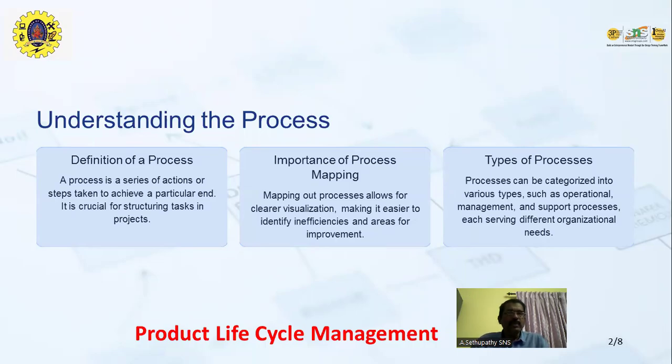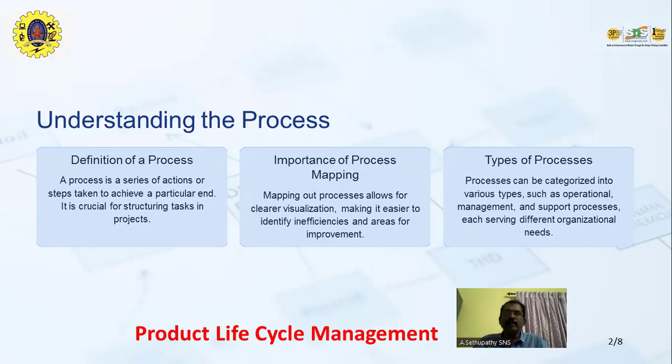So the process is mapped with the product manufacturing system. The process is a series of actions, as I already told. And this series of actions is mapped for clear visualization, making it easier to identify the inefficiencies and areas for improvement. So mapping is a requirement.